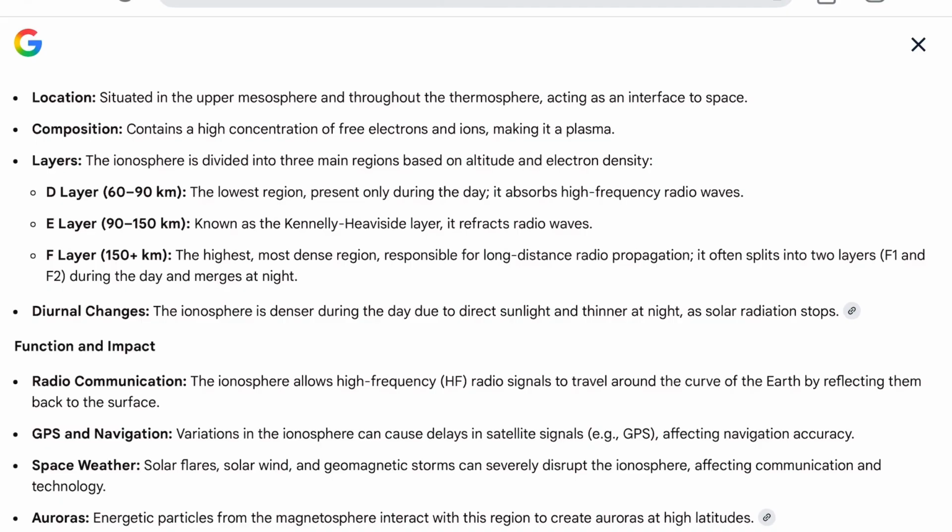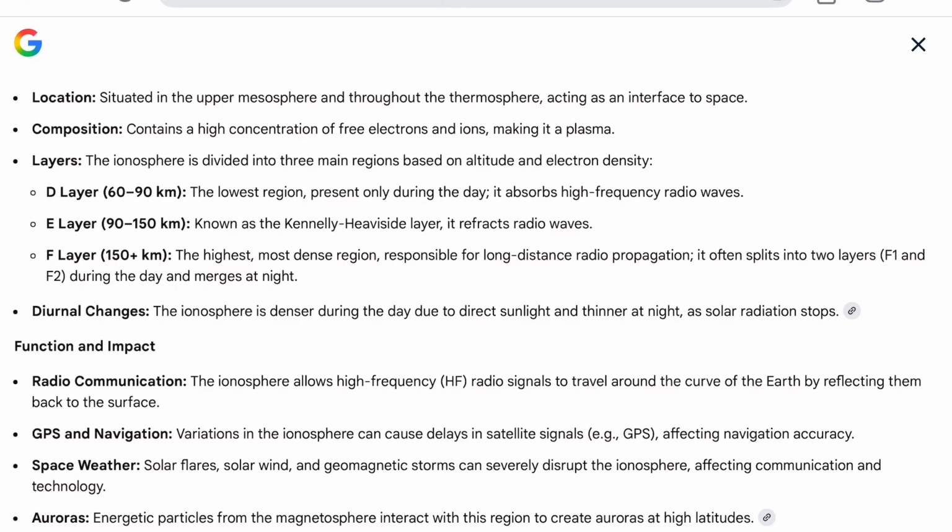It absorbs high frequency radio waves. The E layer is known as the Kennelly-Heaviside layer. It reflects radio waves. And we have the F layer, the highest, most dense region, responsible for long distance radio propagation. It often splits into two layers, that is F1 and F2 layers. So these layers are changing diurnally.